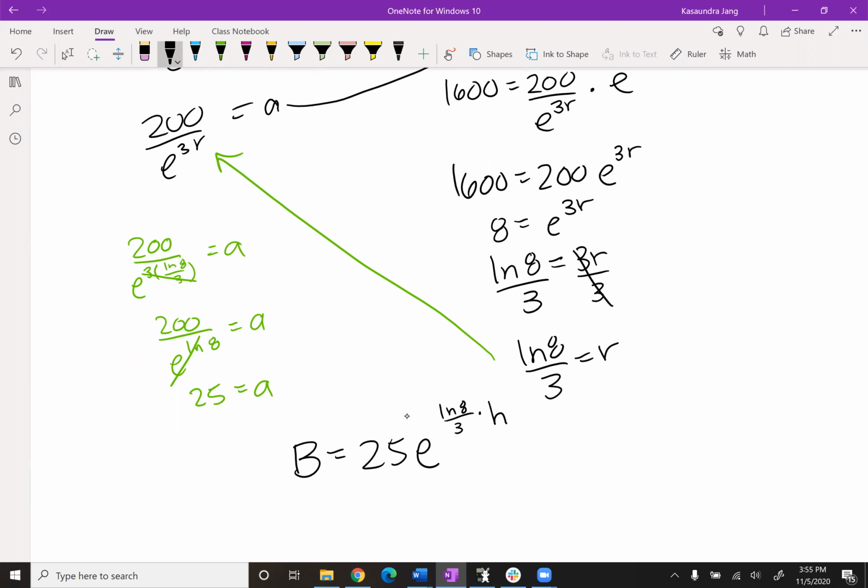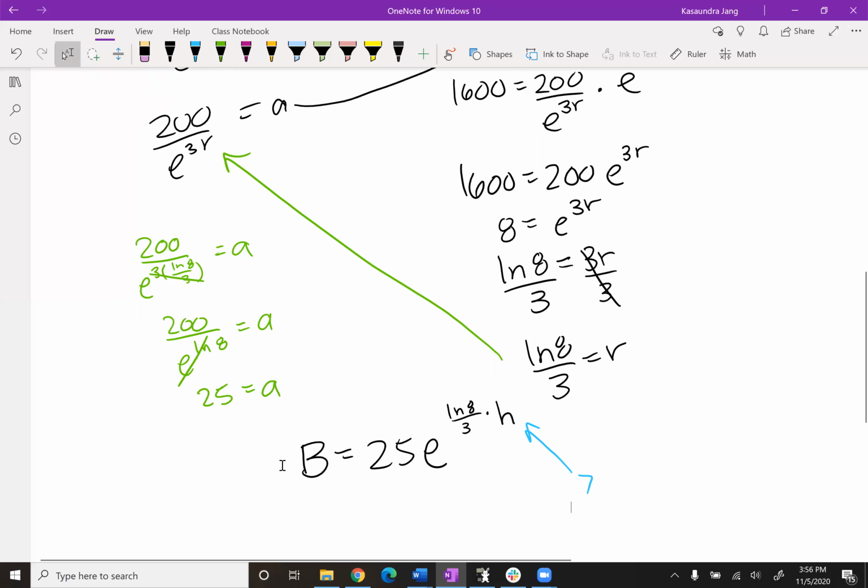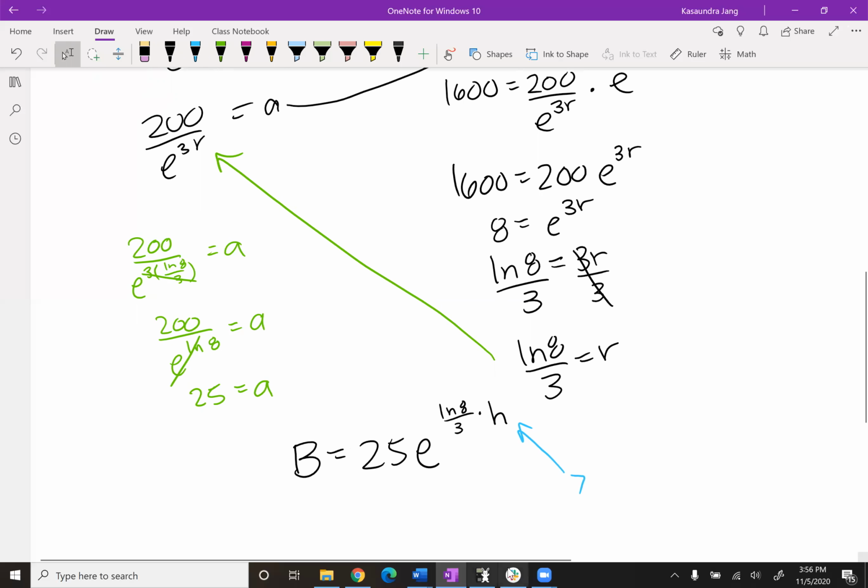We were talking about some bacteria after some number of hours. So it says, how many bacteria will there be after 7 hours? Because it says after 7 hours, I can put a 7 in for my hours. I can just put this in my calculator and get my final answer for the bacteria.